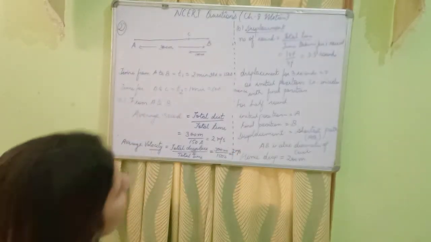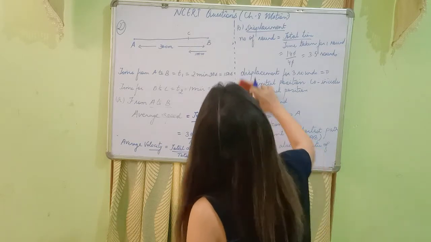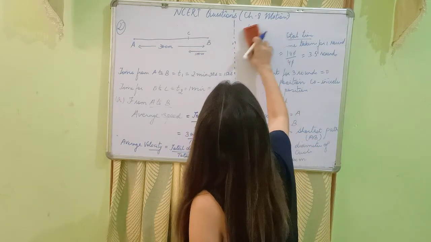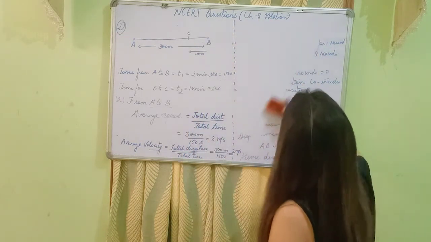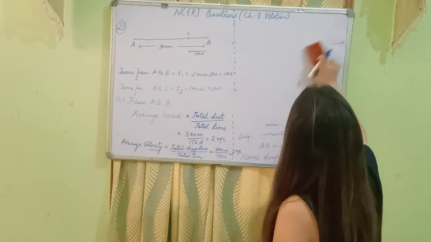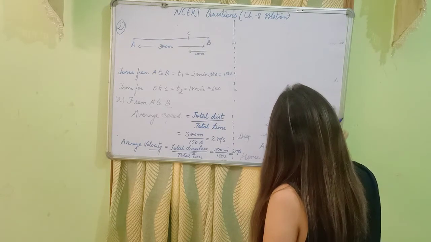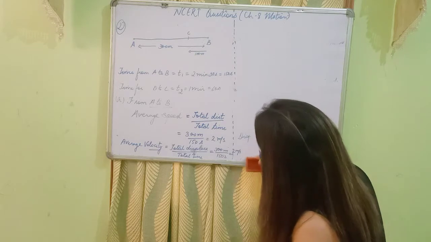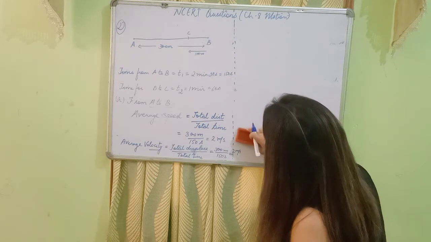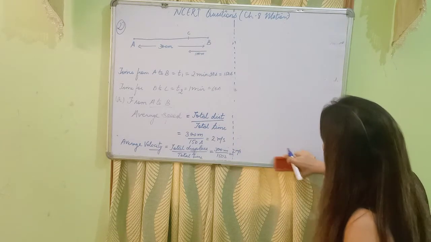Now for the other case, from B to C. This is a very important question. From B to C, we need to calculate total distance and total displacement, average speed and average velocity.